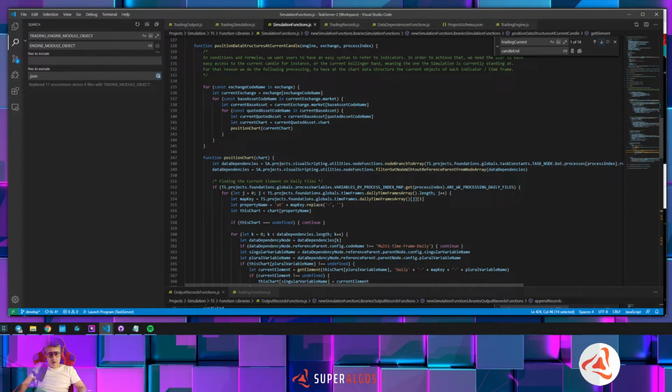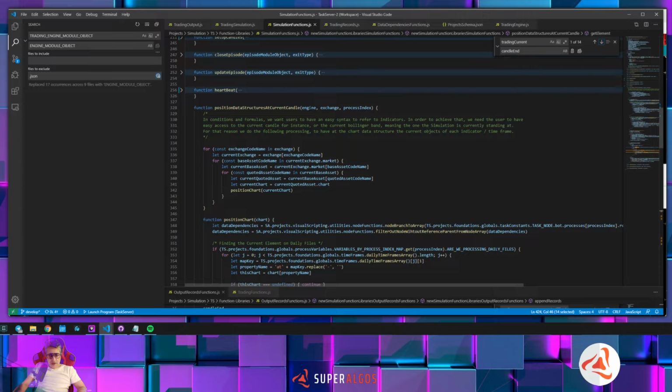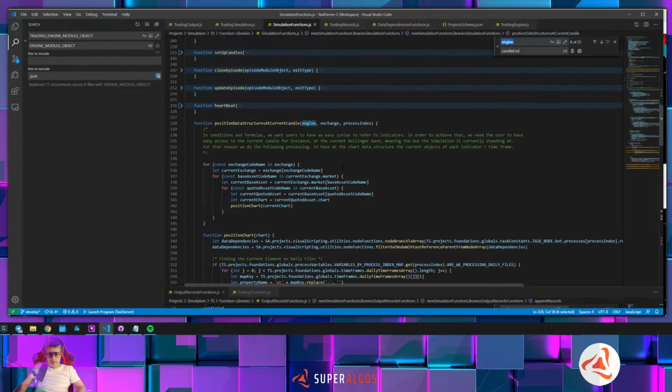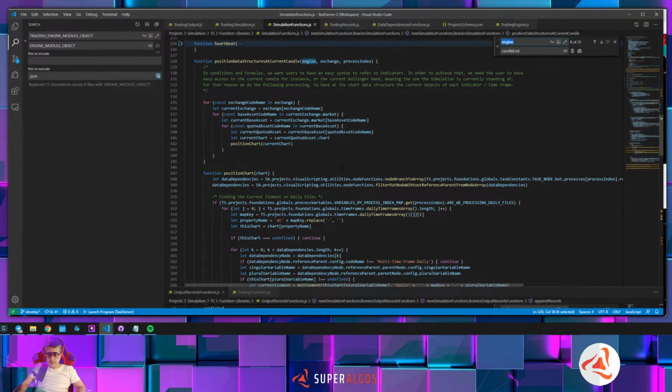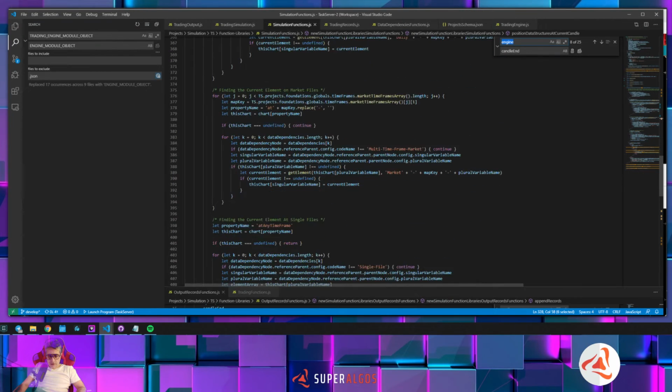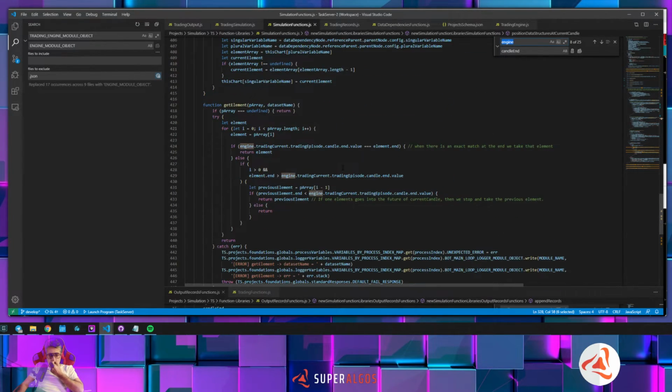And we are requiring the engine. 1, 2, 3.